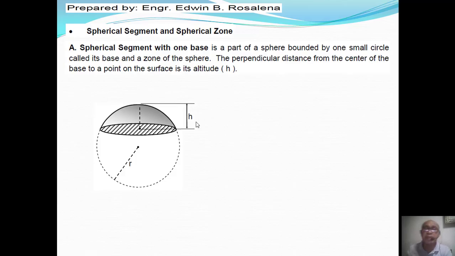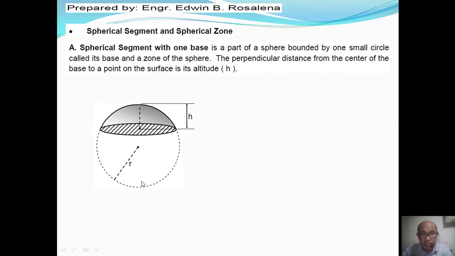By the way, if h is equal to the radius of the sphere, then we have there a hemisphere. Can you follow? But if h is less than the radius, then we have there a spherical segment with one base. Or it can be h is greater than r also, no?